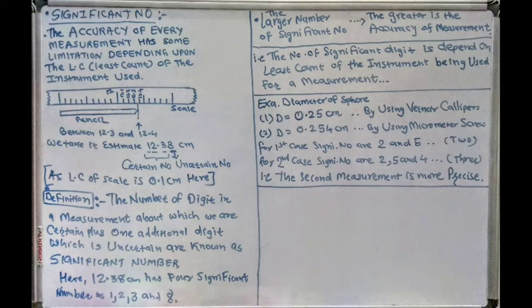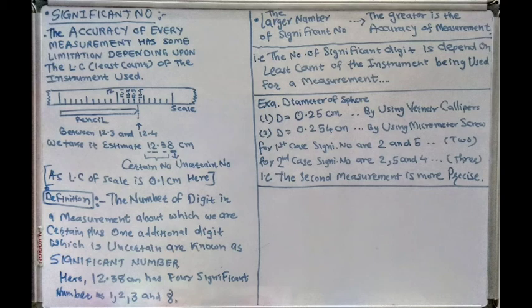Suppose you are measuring the length of a pencil. Keep one end of the pencil on the 0 scale of the meter scale, and suppose its other end lies between 12.3 cm and 12.4 cm. The least count of the meter scale is 0.1 cm.